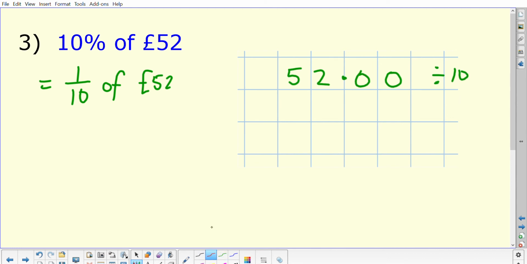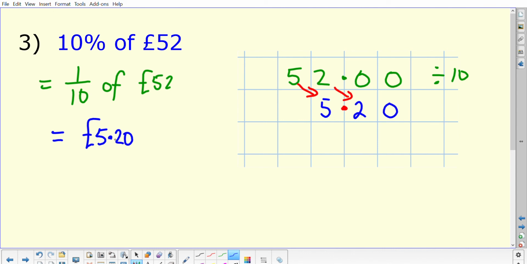So all the digits, and you can do this on your jotter as well, the point stays where it is. All the other place values all move one place to the right. So your 5 goes where the 2 is, 2 after the point, and you've got your 0 there on the end. So the amount of money is £5.20.